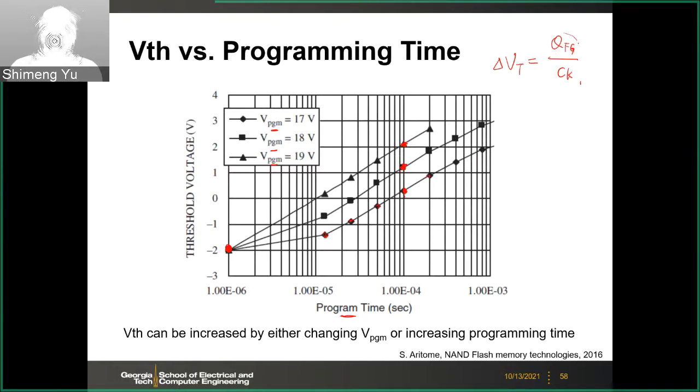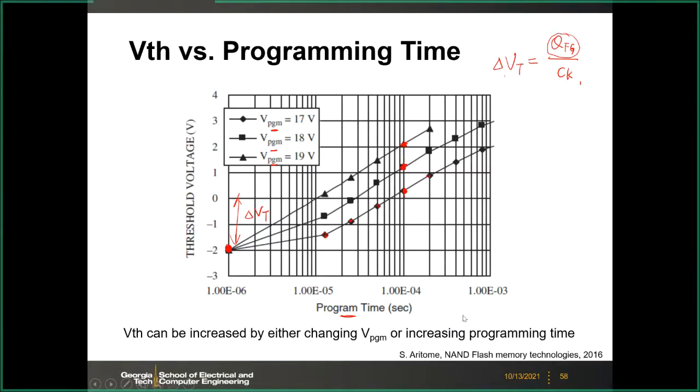The number of charges, in this case electrons, in the floating gate divided by the interpoly dielectric capacitance determines the VTH shift, that is delta VT. So the more electrons stored in the floating gate, the higher the threshold voltage. By longer programming time or higher voltage, you inject more electrons into the floating gate. Therefore, you can control the VT.